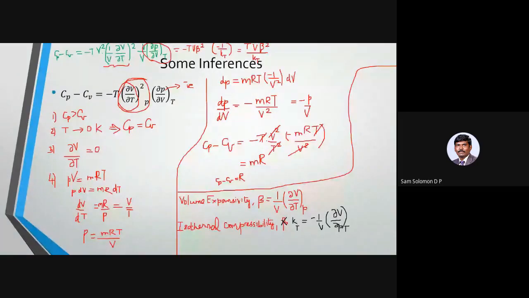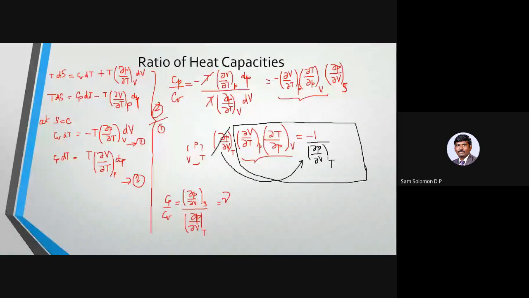Minus 1 by V partial V by partial P at constant T. So it is dou V by dou P at T. So what we have here is dou P by dou V. Okay, so the definition for KT, isothermal compressibility, is minus of 1 by V partial V by partial P at constant T. We call this isothermal compressibility.